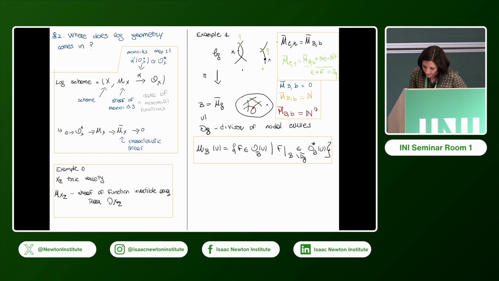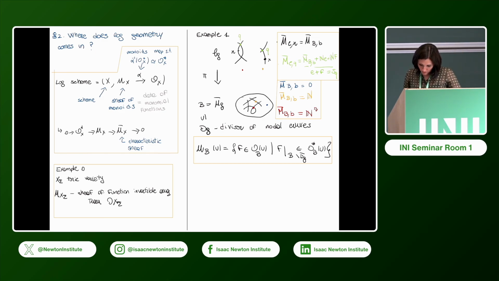And what happens at a node is that we have two more generators, which correspond to the two local equations of the branches at the node, which have to satisfy one relation, which is just the shadow of the smoothing equation of the curve around this node.